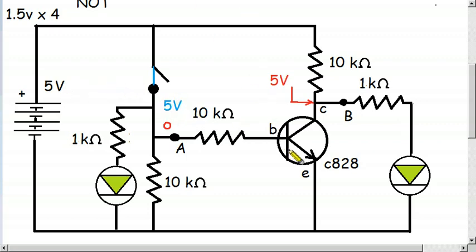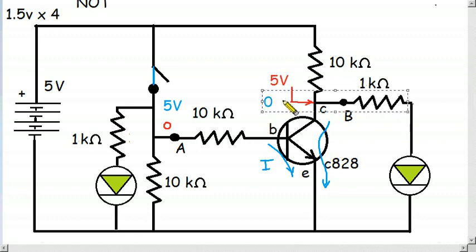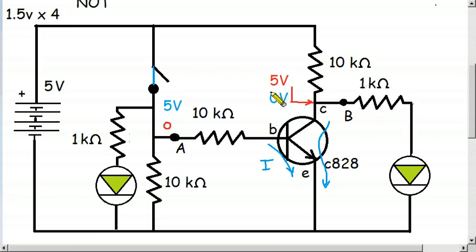Then there is a current through this base, then there is a current through this transistor also. Therefore this 5 volt doesn't remain, it drops to 0 volt. If the transistor conducts, you can't find 5 volt here. It drops to approximately 0.1 volt, but we can say 0 volt. The junction voltage is 0 volt then.